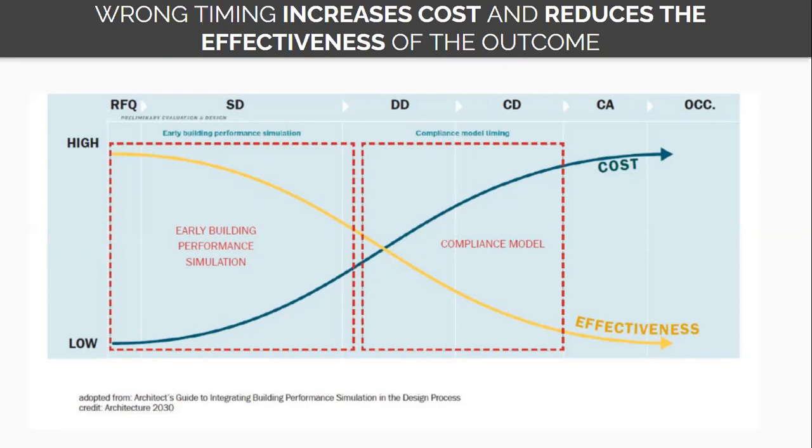But as we proceed through the design stages, as we move to the detailed design, the effectiveness gets reduced, and the cost to achieve the same performance increases. So if we have to achieve our commitment, it's important that the designers also have access to, or knowledge of, this tool, or can use this tool to compare or evaluate different options at the early design stage.